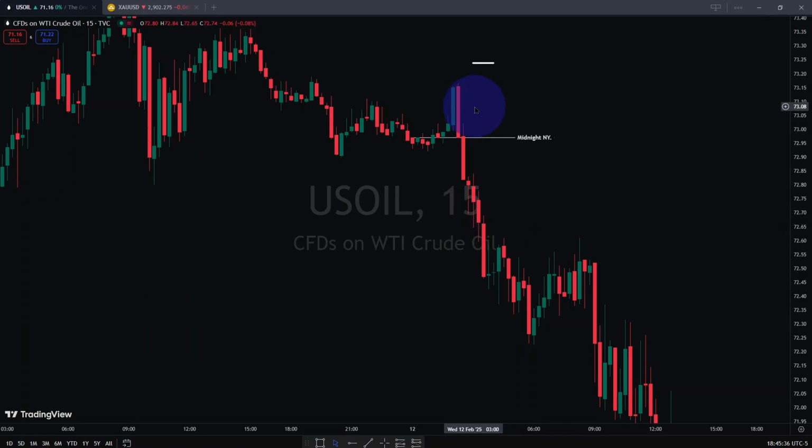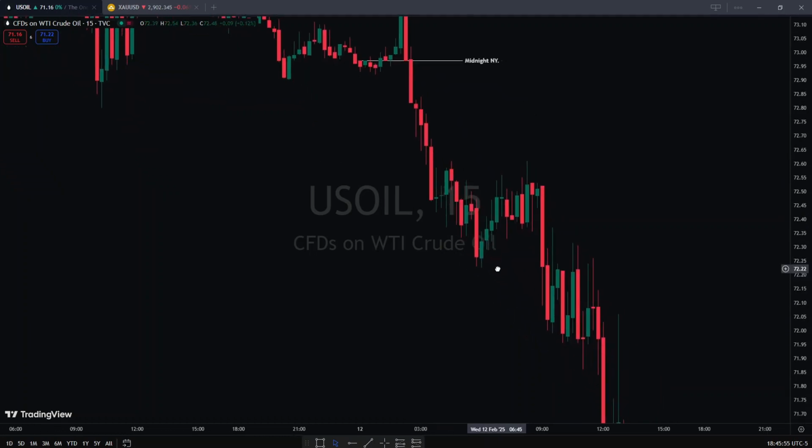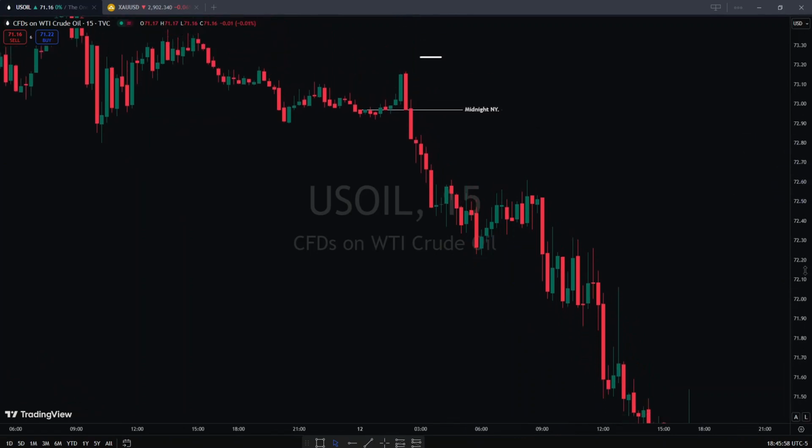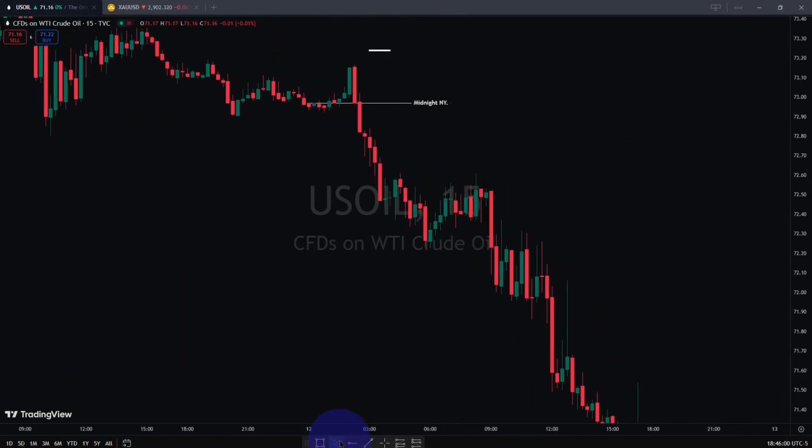So 3 is ideal, and you can see the manipulation here, the market structure shift, the fair value gap. Now this fair value gap is high probability. You can see the market went into this gap at 3. You can see the time just below. That's 3 a.m.